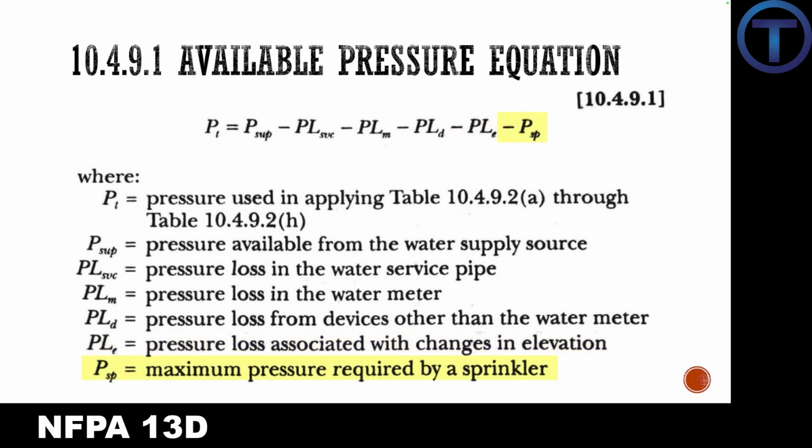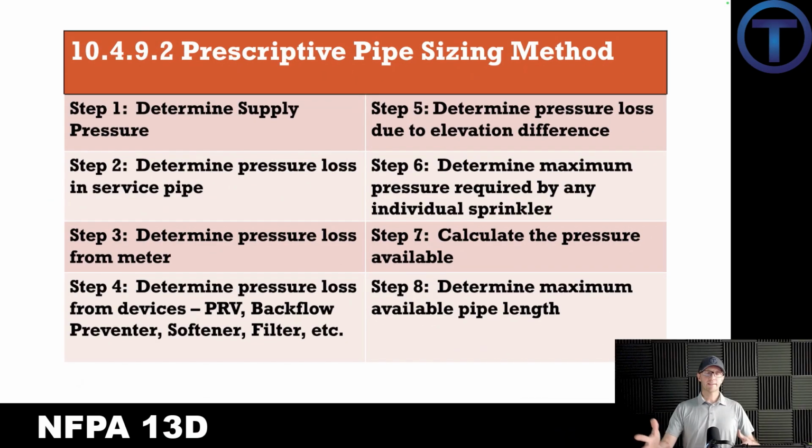And finally, PL which is maximum pressure needed at the heads. Take those all off, subtract them, and that's going to account for friction losses and give us the pressure we need.